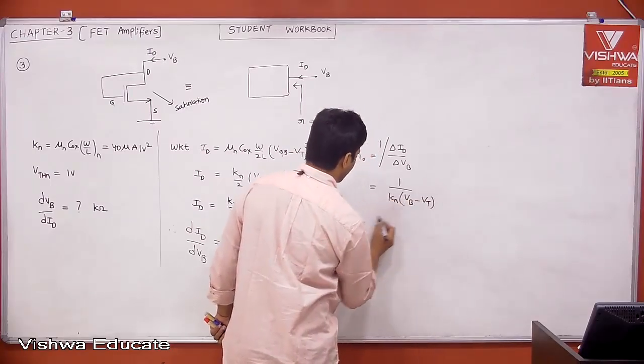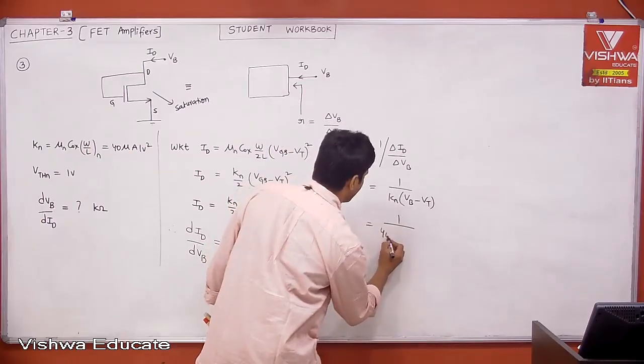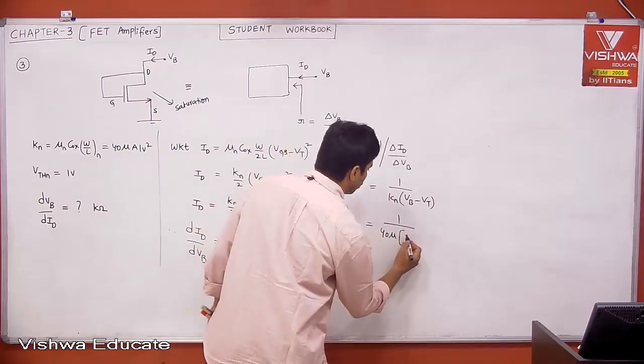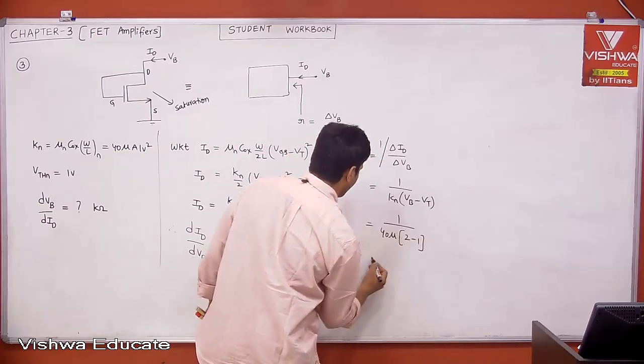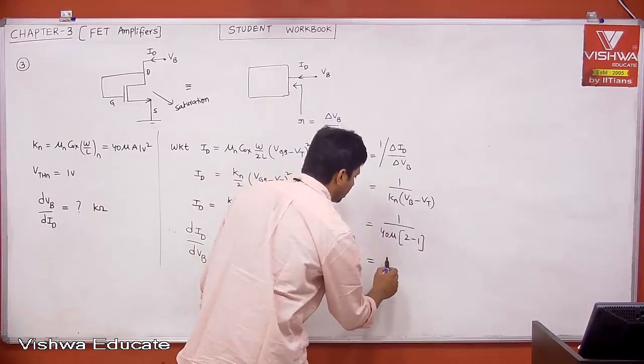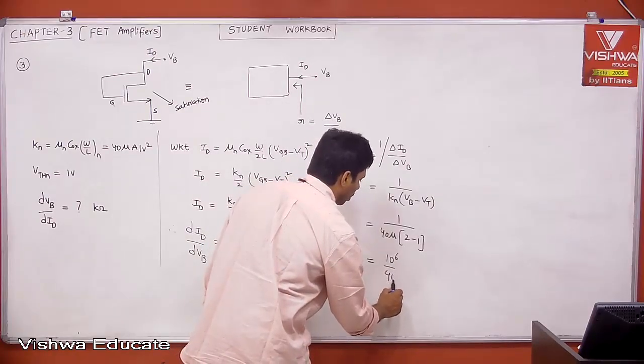You know everything. What is Kn? 1 by Kn is nothing but 40 micro and VB is already given, 2 volt, 2 minus 1. Micro will become mega. Then it is nothing but 10 to the power of 6 divided by 40.